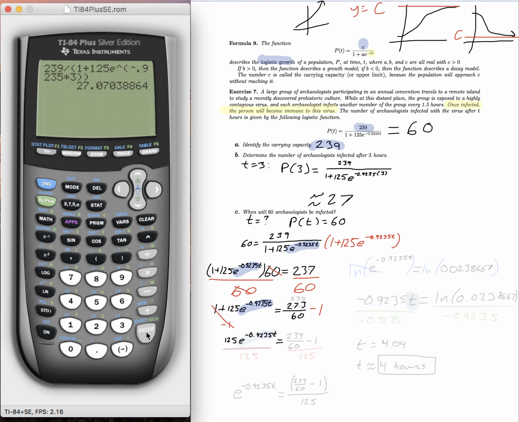Oh, that should be 239. What am I doing? Losing track of stuff all over the place. 239 was our carrying capacity. 239 over 60 minus 1.